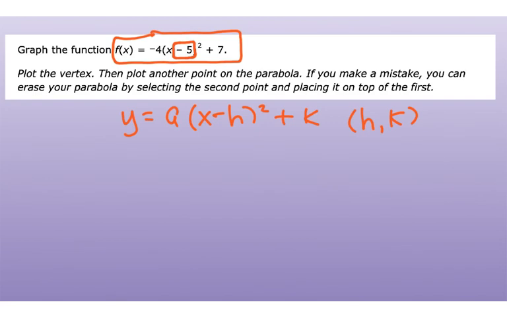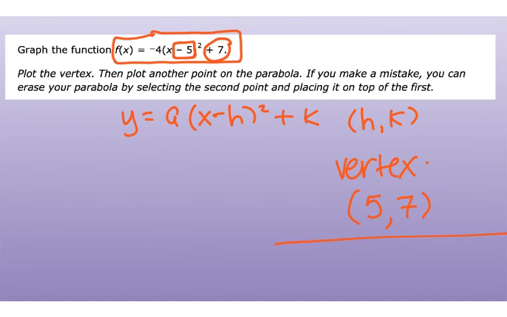Because we have a negative h, that means we actually need to take the opposite of whatever is in parentheses with the x. So our vertex would be the opposite of negative 5, which is 5, because you always take the opposite of what's in parentheses with x, and then whatever is being added on the outside, that is our k value. It would be 7. So our vertex is 5, 7.